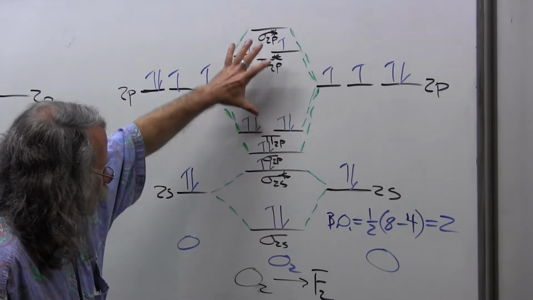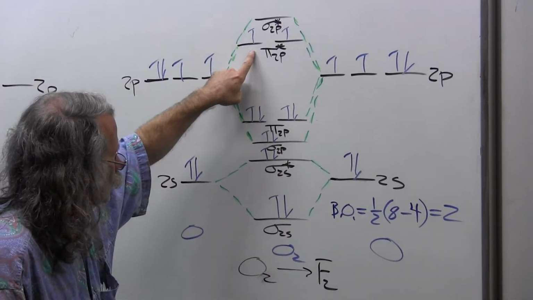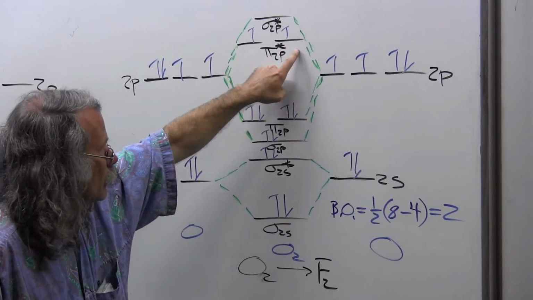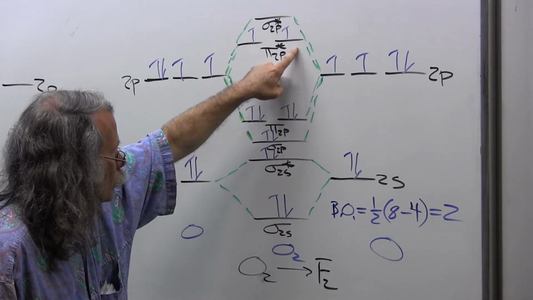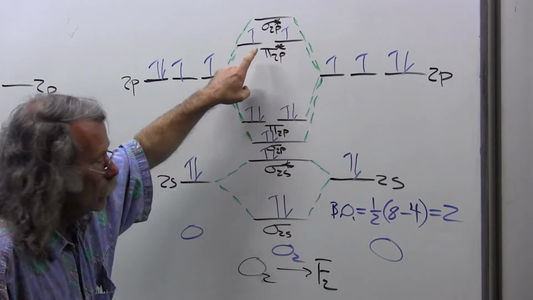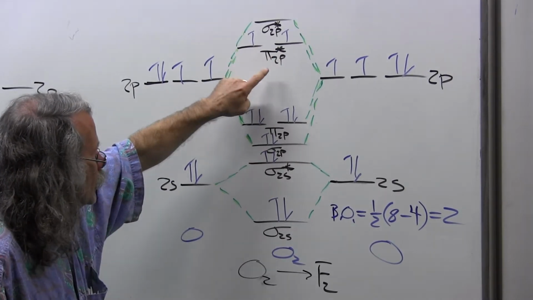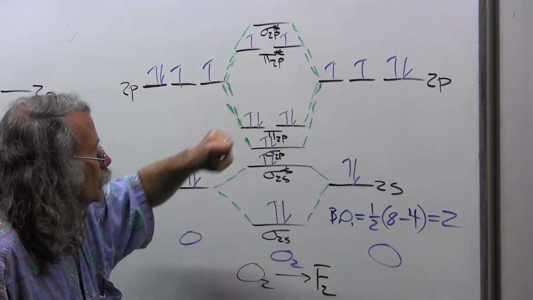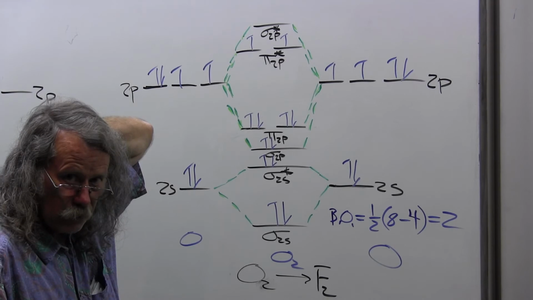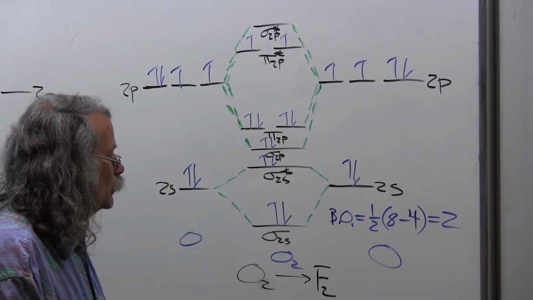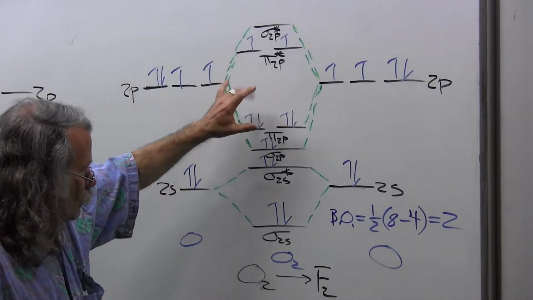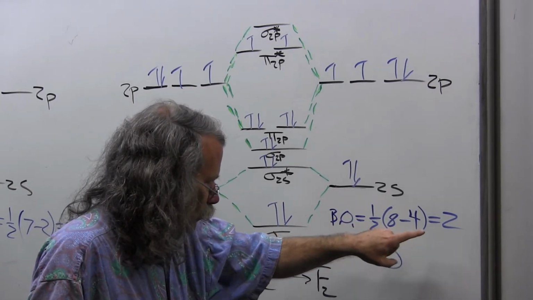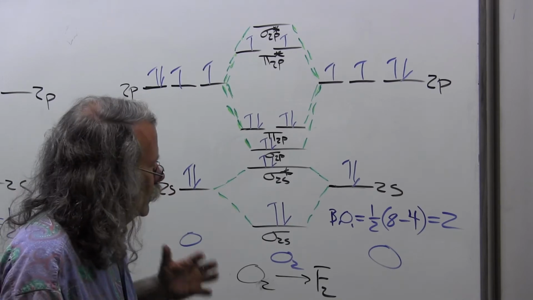I place the electrons into the molecular orbitals following Hund's rule. I end up with these last two in the highest occupied molecular orbital, the pi 2p star antibonding orbital. The bond order is 1/2 (8 minus 4) equals 2.